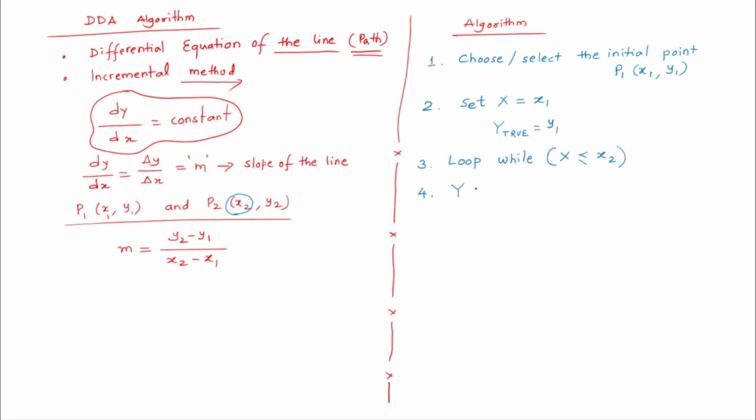We have to assign Y equal to the integer of Y true. Y true may be a real value, so we assign to another variable Y the integer of Y true. That is the step to be carried out when the value of X is less than x2.